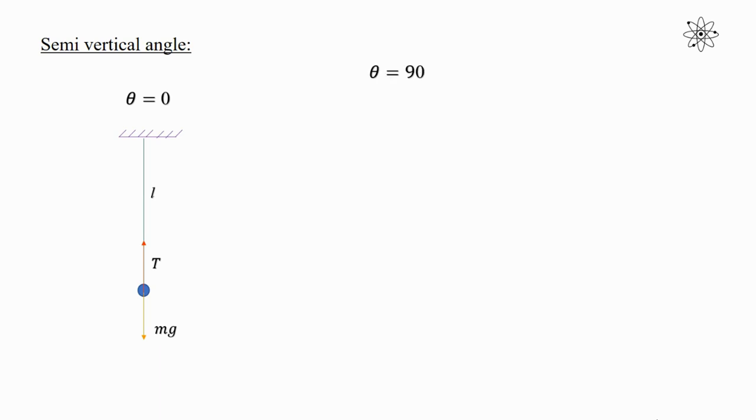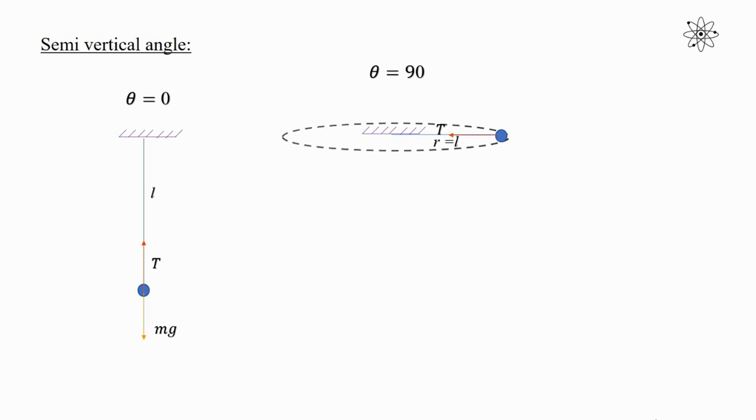Now let's consider the second case where the semi-vertical angle is equal to 90 degrees. Here in the diagram you can see, student, the semi-vertical angle is 90 degrees. This bob describes a horizontal circle with the radius equal to the length of the pendulum.